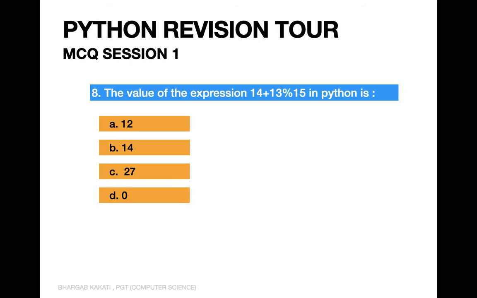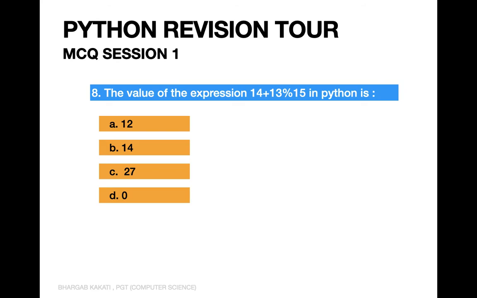Now, if there is more than one operator in an expression in Python, you have to follow the operator precedence rule. I have already taught about operator precedence in one of the previous videos. You can go through that and go through the table as to which operator should be done first, which second, which third, and so on.